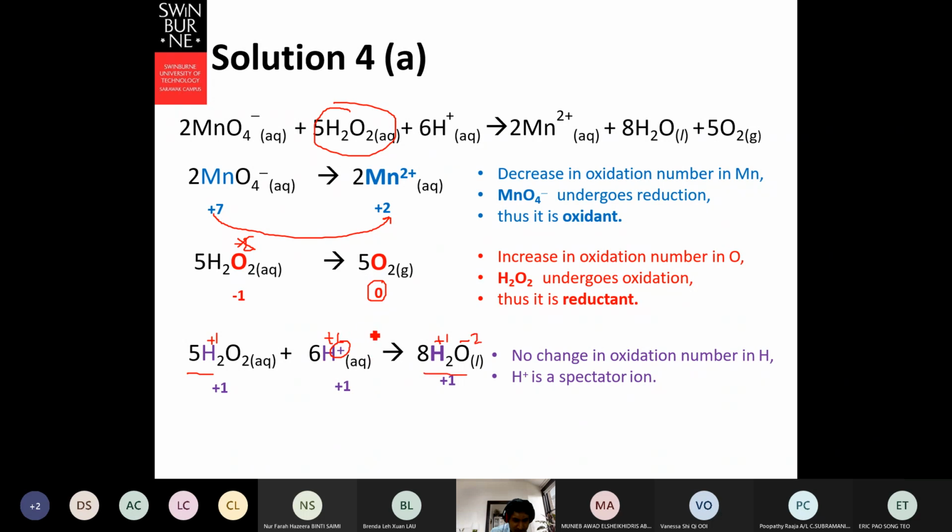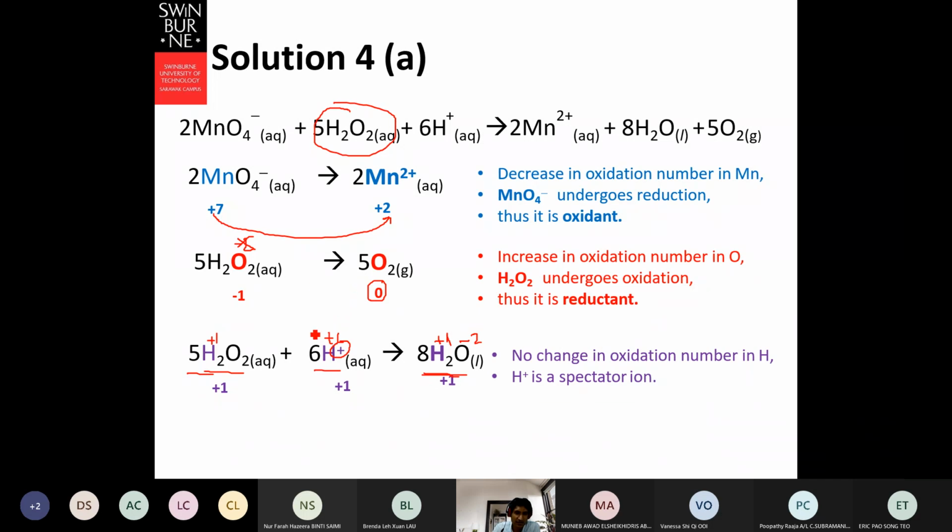In water it is not an exception like hydrogen peroxide, so oxygen is the usual -2. But for hydrogen, all over it is +1, whether in hydrogen peroxide or water, so no significant change occurs for hydrogen.